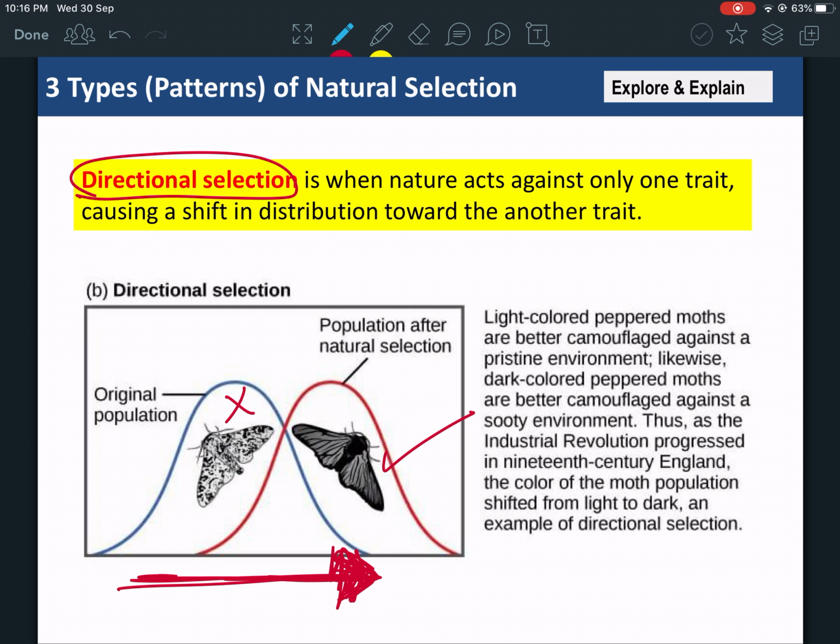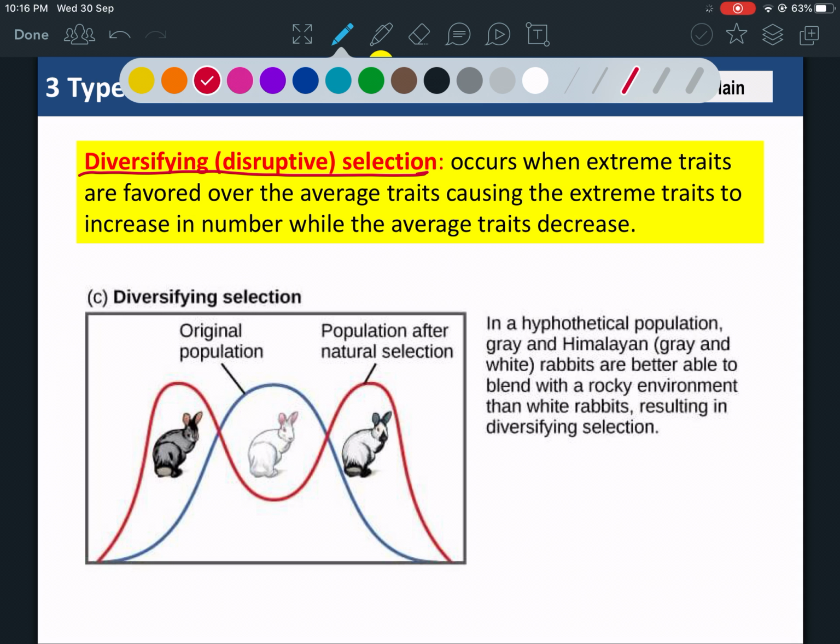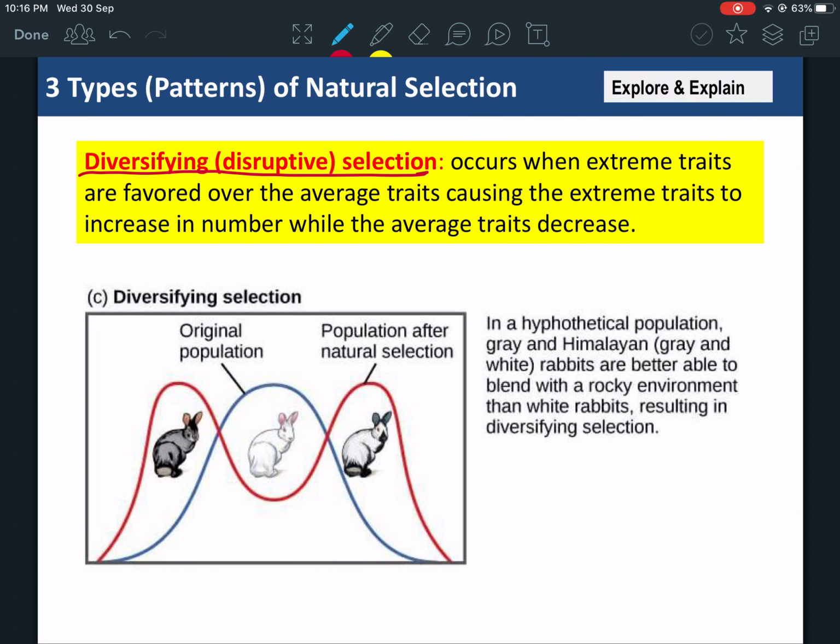It's favoring one trait. The third type is disruptive or diversifying. That means they're becoming more diverse. It occurs when extreme traits are favored. Remember, we talked about the extremes here and here, and the average is not favored, but the extremes are favored. So this would be the original population. It would look like this, the blue line.